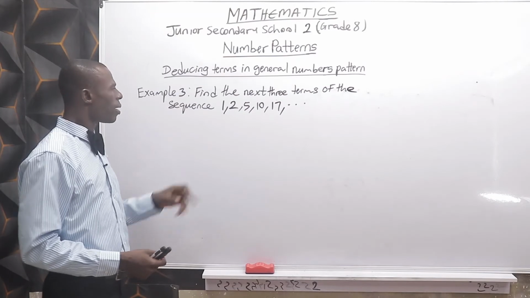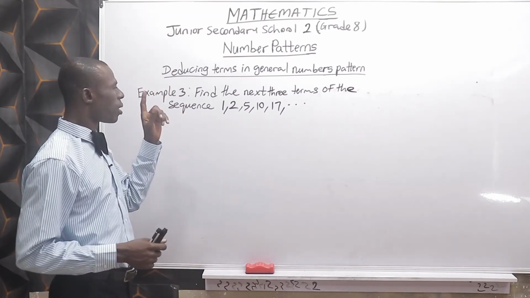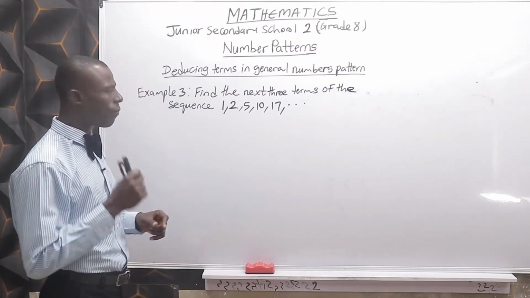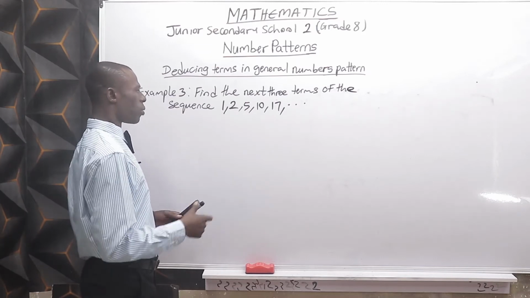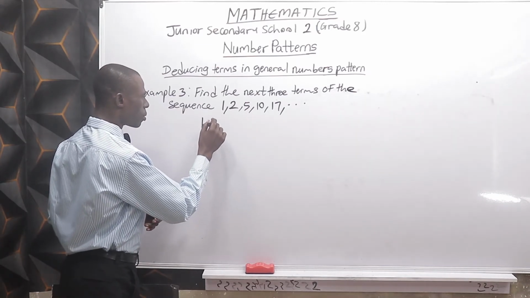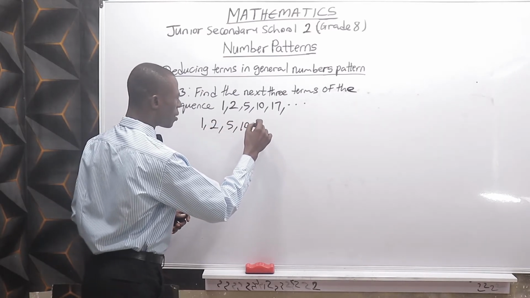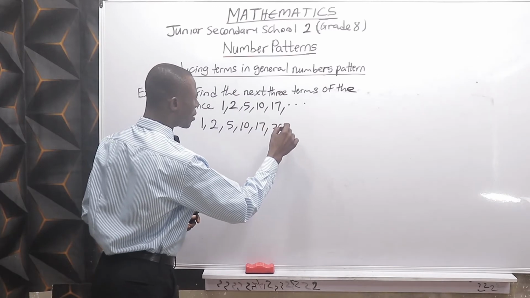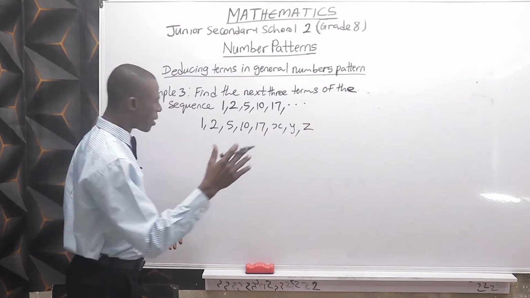Example 3. Find the next three terms of the sequence 1, 2, 5, 10, 17, and so forth. As usual, rewrite the sequence: 1, 2, 5, 10, 17, X, Y, Z, the next three terms.